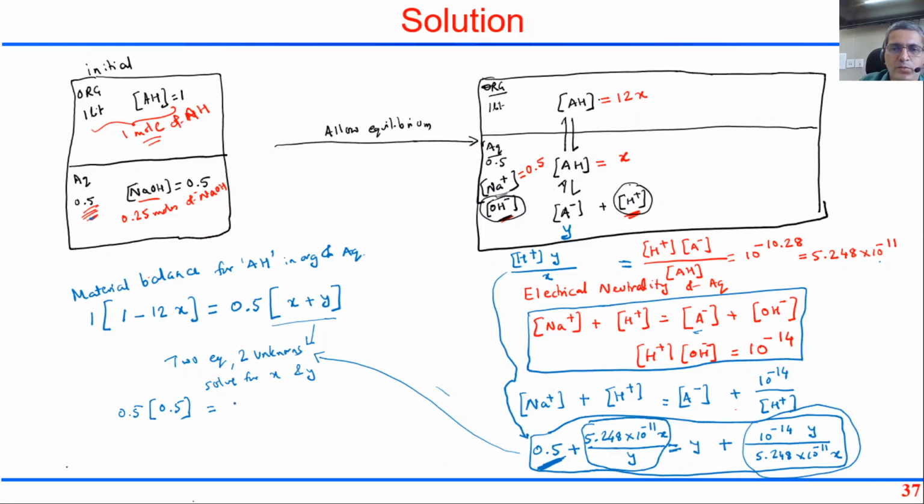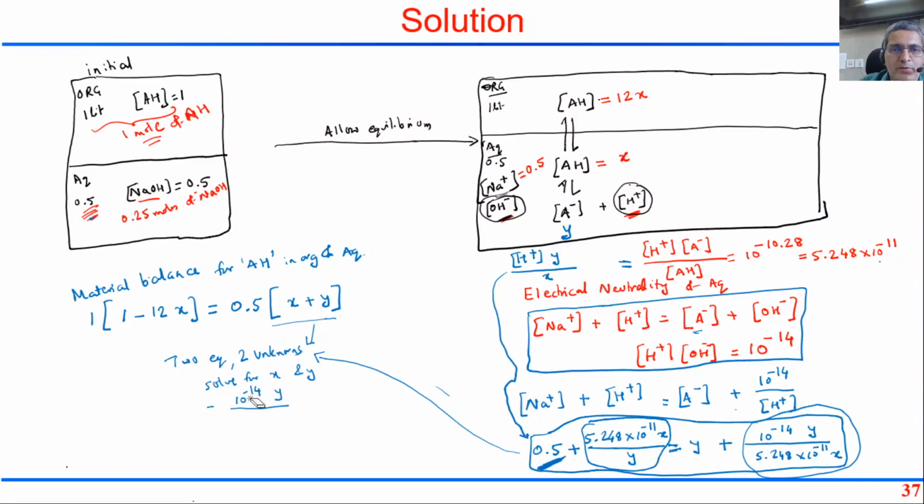This would be now OH, 10 raised to minus 14 divided by Y. Of course this is concentration, so I don't have to multiply by this 0.5. Both ways I am only writing the concentration. OH minus ions, well, I think we should not write for OH minus ions, because OH minus ions are getting reacted.